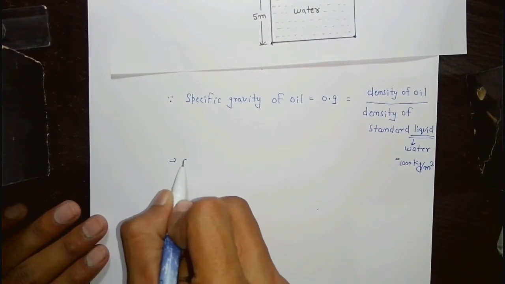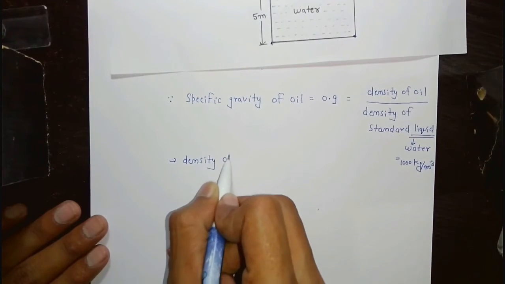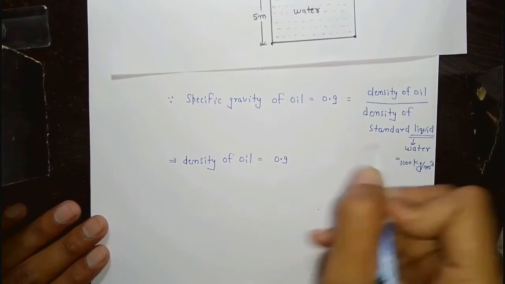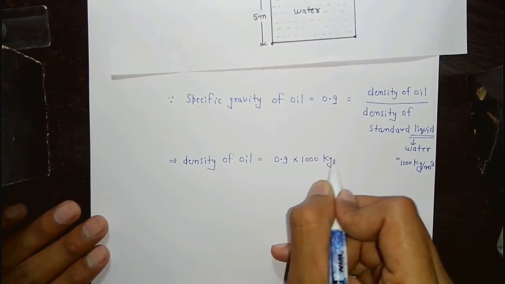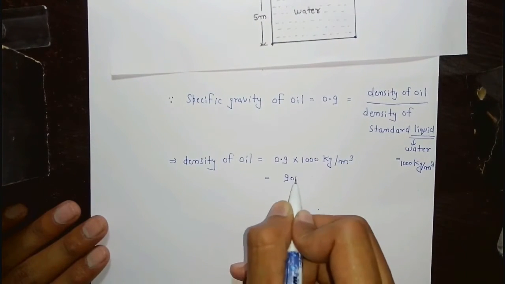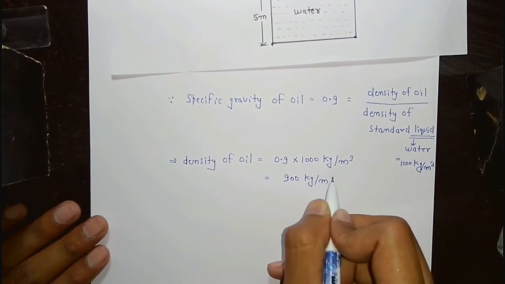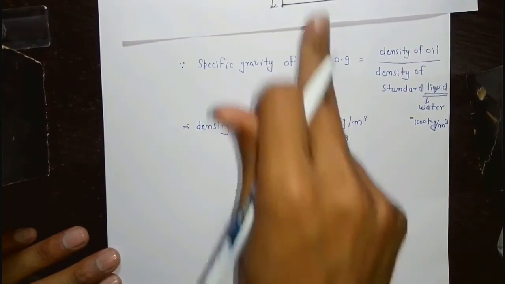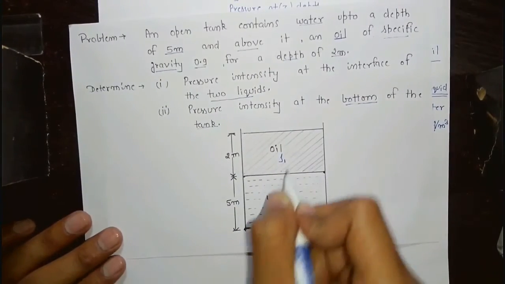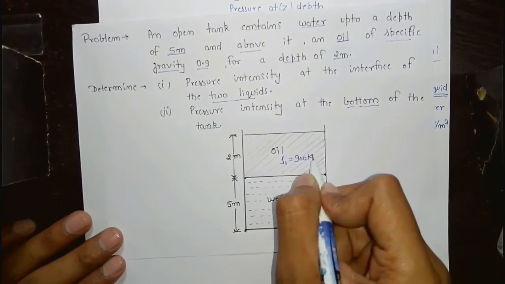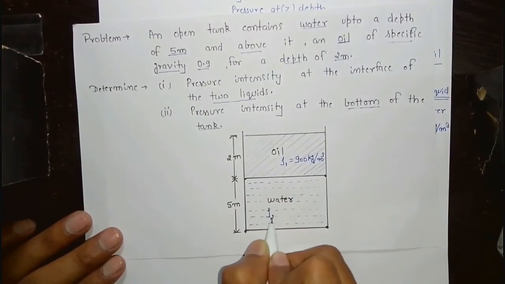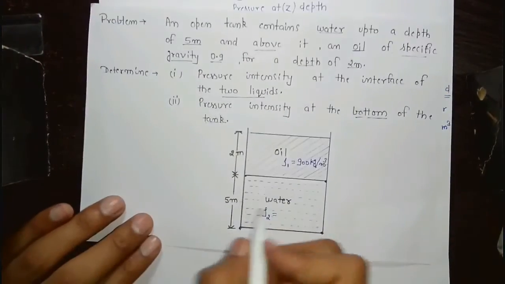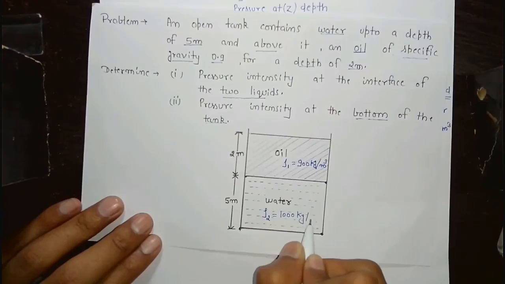So the density of oil is equal to 0.9 into density of water 1000 kilogram per meter cube, and equals 900 kilogram per meter cube, which is rho 1. Rho 1 is density of oil, 900 kilogram per meter cube, and rho 2 is the density of water and it is fixed and equals 1000 kilograms per meter cube.